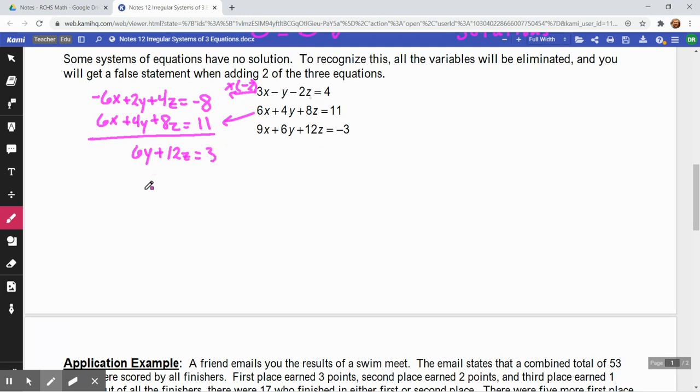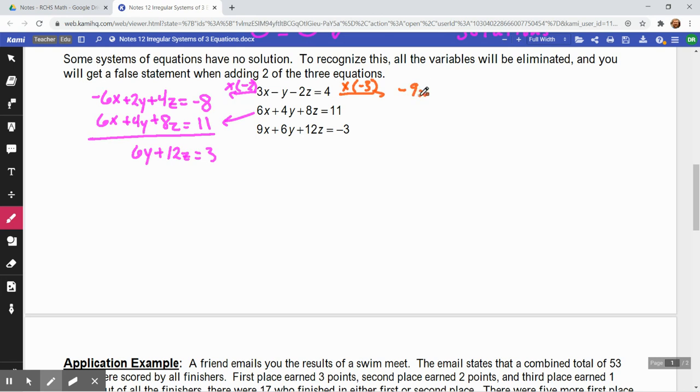Okay, so let's try this again with two different equations, but let's get rid of the same variable we did that time. So if we want to cancel with the 3x and the 9x, we can make this say negative 9 by multiplying by a negative 3. So multiplying through by negative 3 is going to give us negative 3 times 3x, that's negative 9x.